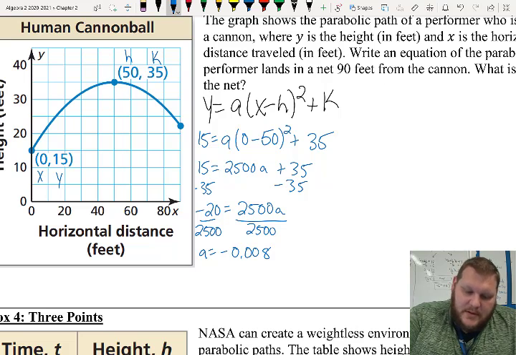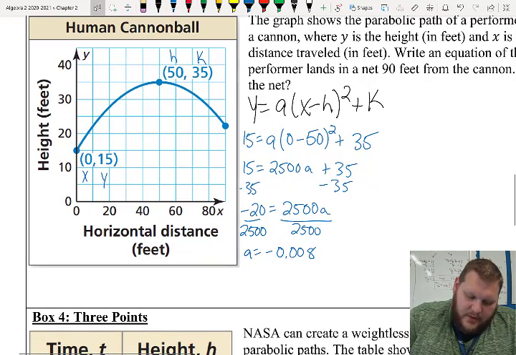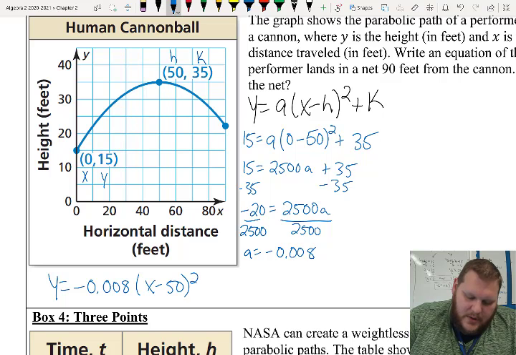So that means my equation for this one, I'll keep it in blue, we'll put it over here in the corner, would be y equals negative 0.008 times (x minus 50) squared plus 35.